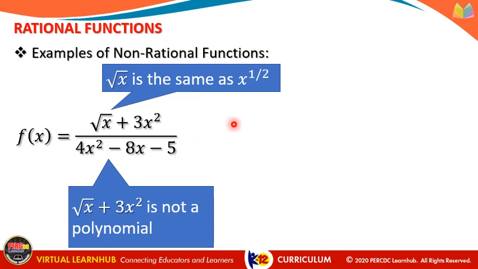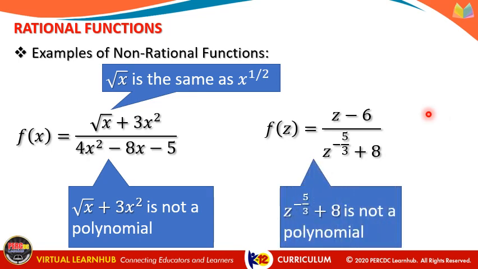Okay, let's have another example. You have f of z equals z minus 6 divided by z raised to negative 5/3 plus 8. Ano naman ang problema natin dito? Ang problema naman natin dito is yung denominator. Now, as you can see, z raised to negative 5/3 plus 8 is also not a polynomial.